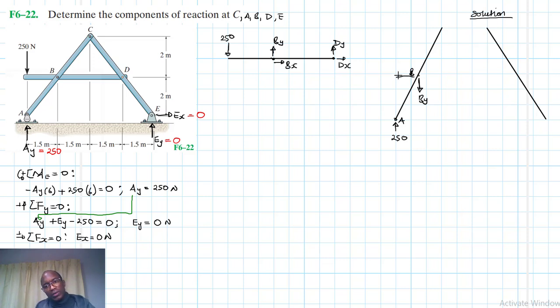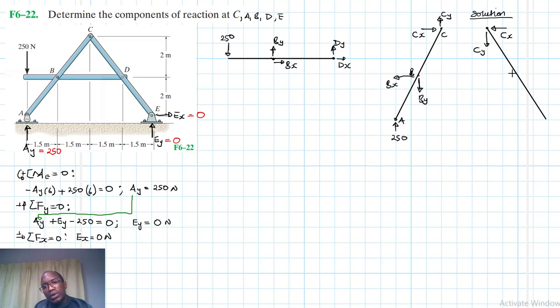This is BX. And at the far end there, let's assume it to be going up. This is our C, so this one is our CY, and this one here is our CX, and on this side we'll have our CX and our CY.